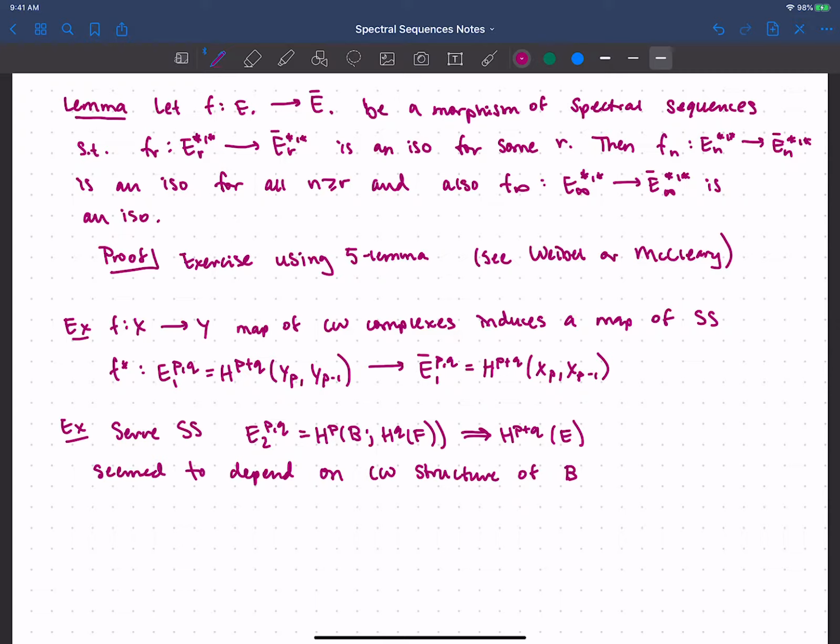Okay, so that's a little weird that it seems to depend on this, and I won't prove in full generality that it doesn't depend on the filtration at all, but say we had some other CW structure on B, then the identity map is homotopic to a cellular map. And so that's going to give us a map of spectral sequences.